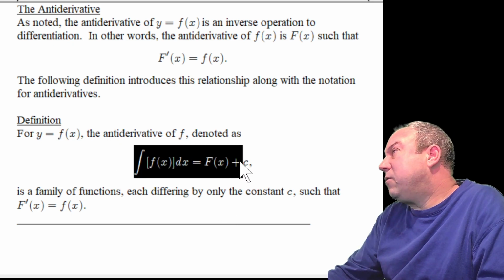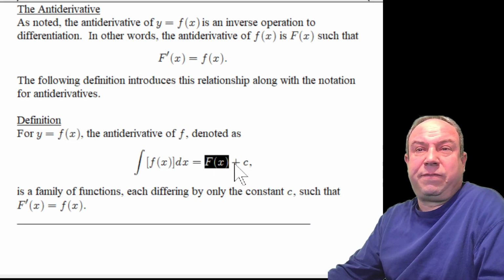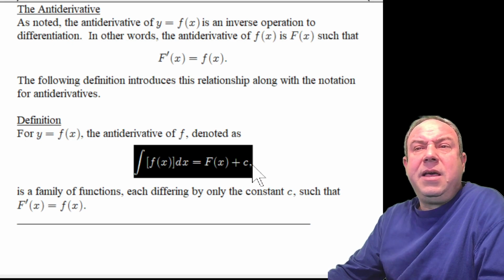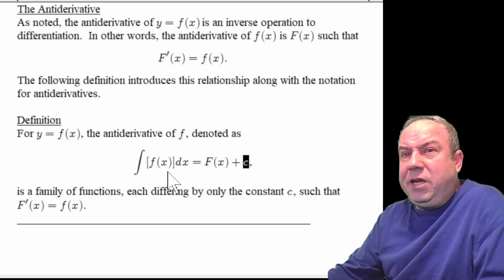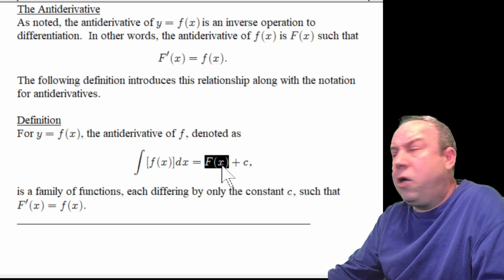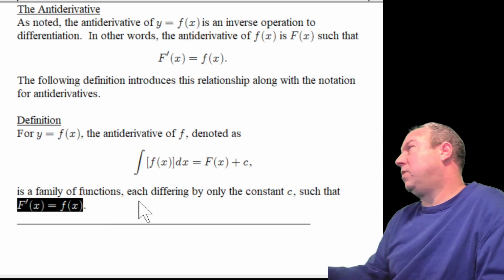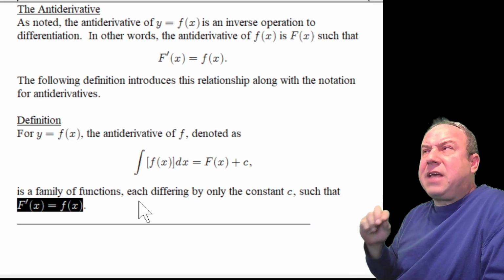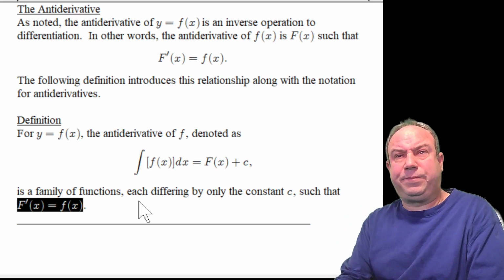The antiderivative of a function is actually a family of solutions, all related to each other, looking very similar to cap F, except they differ by a constant value. And what's unique about cap F, as we had noted, is that cap F's first derivative is equal to little f of x. That is how we define the antiderivative of a function.